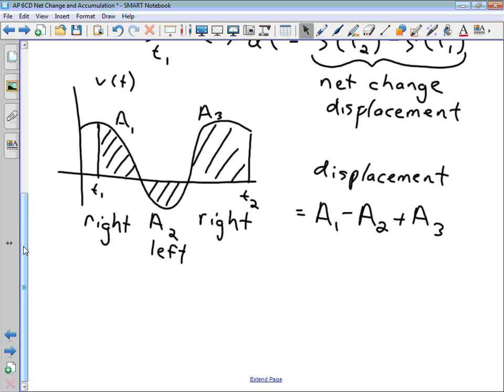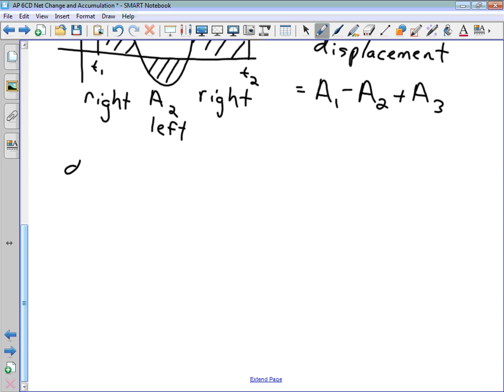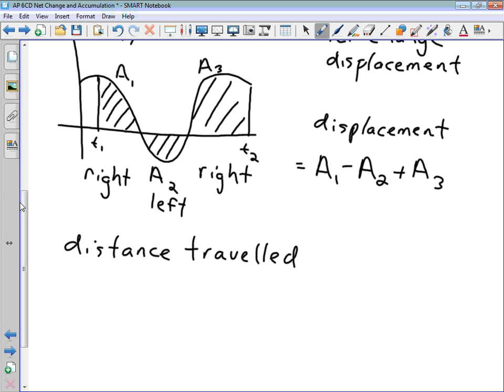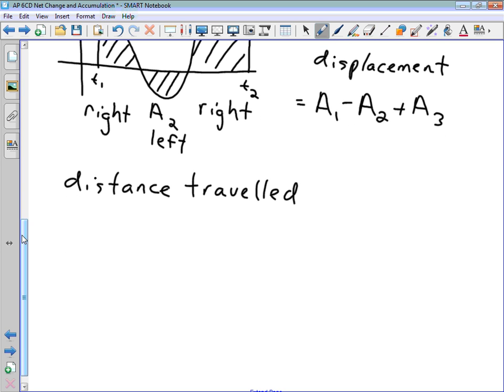If we want to talk about the total distance traveled, remember the difference between distance and displacement is that the distance doesn't take the direction into account. So the path does matter when we're talking about distance. So it depends on direction.